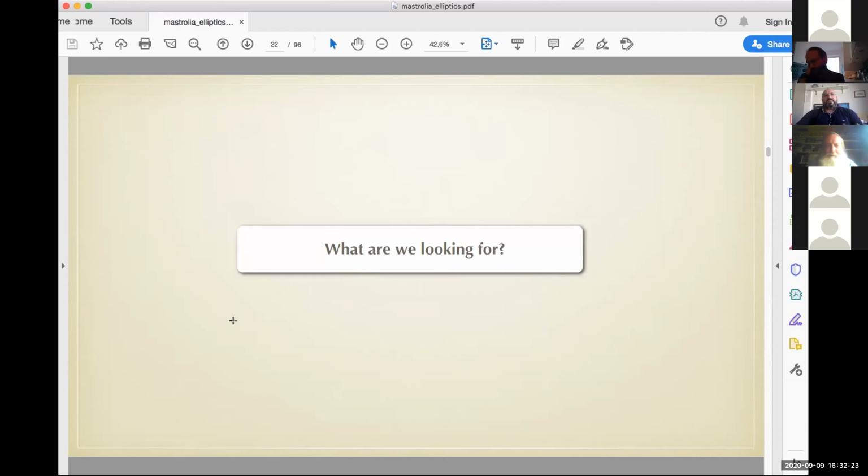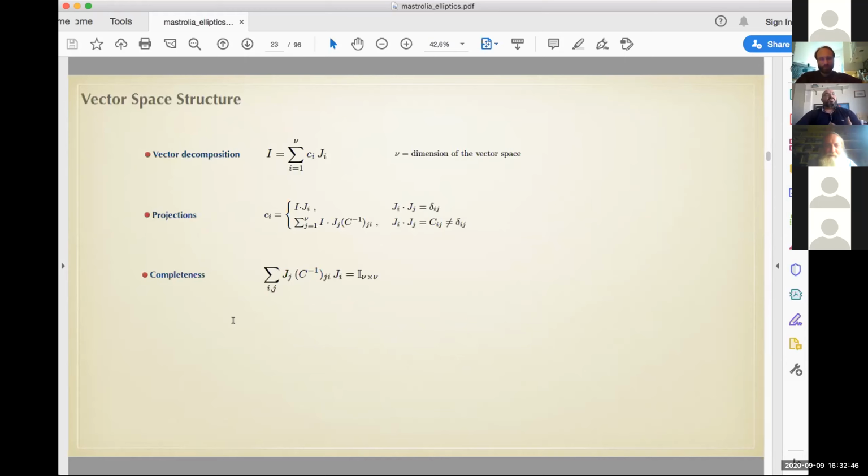Now, for many years, I think we have been puzzled by the idea that the decomposition could be interpreted as coming from a projection. Although found only at the end of the Laporta algorithm, of the Gauss elimination to solve the system of equations, what we were looking for is really the possibility to decompose an integral in terms of a basis, exactly like we do for any vector in a vector space.